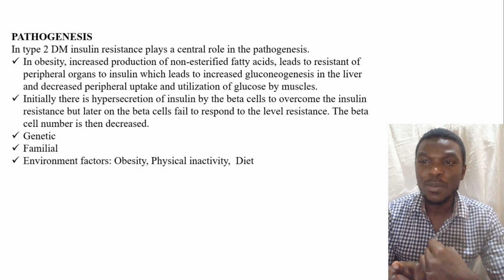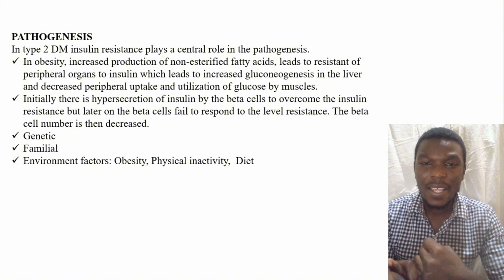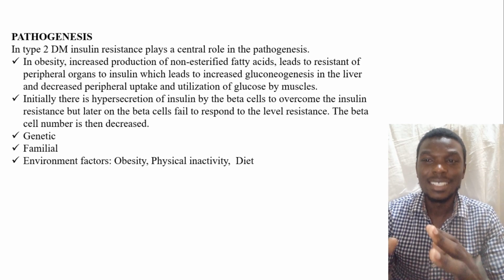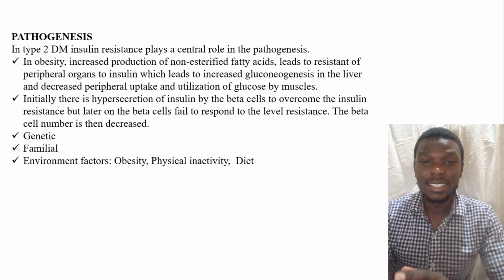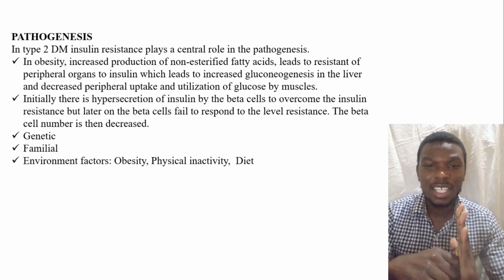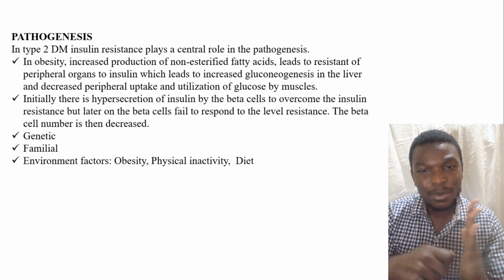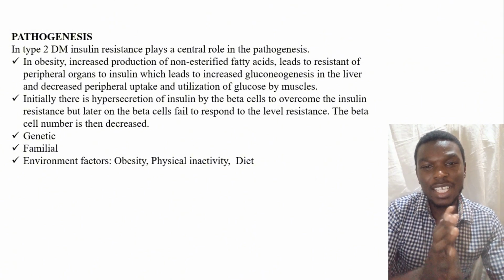Because of these fatty acids that the body has, because the patient is obese, that mainly causes this resistance. So in short, you have the key, but the key was jammed, so you're not able to open because of these fats. They are blocking the keyhole.